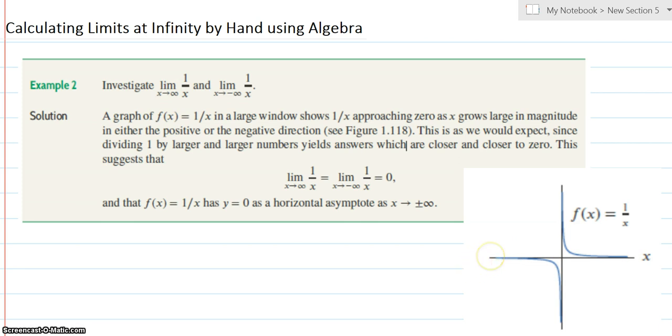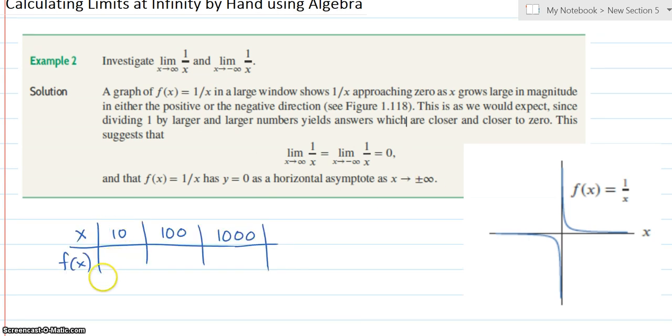This is what we would expect, since dividing 1 by larger and larger numbers yields answers which are closer and closer to 0. So it suggests this, which makes sense because the function has a horizontal asymptote at y equals 0.